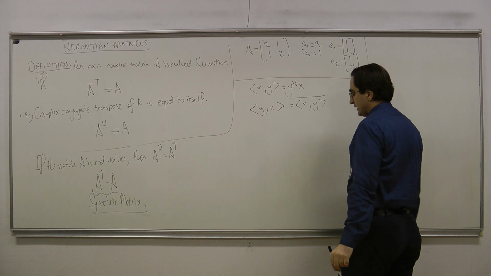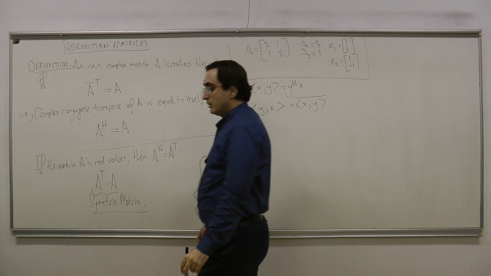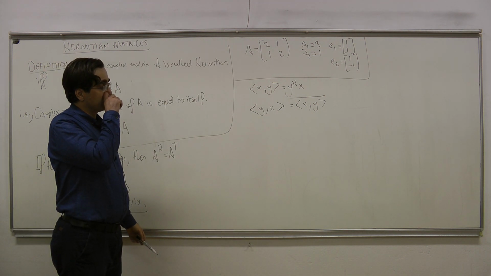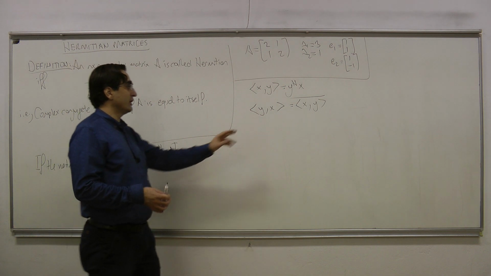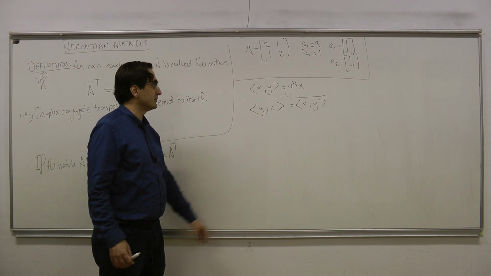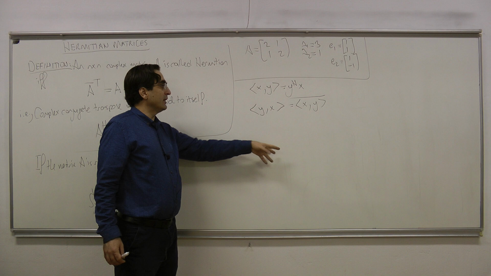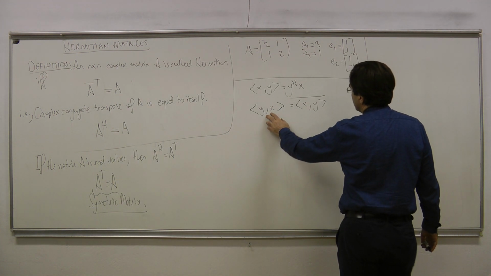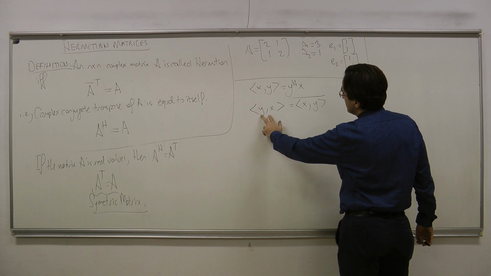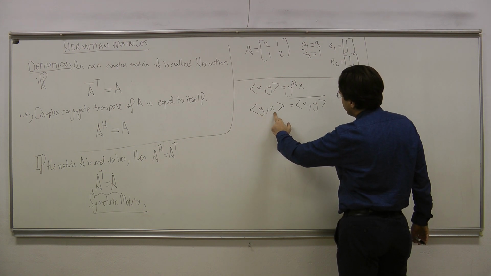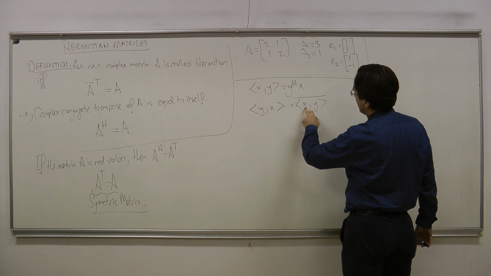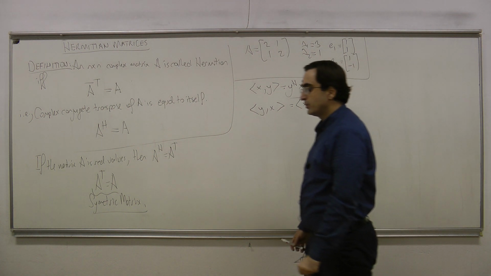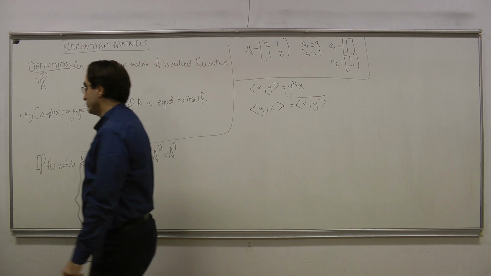So I have conjugate commutativity of the inner product operation here. Okay, if I change the elements of an inner product given like this, then I would have the complex conjugate. So the inner product of y with x is the complex conjugate of the inner product of x and y. This was one of the axioms of the inner product.